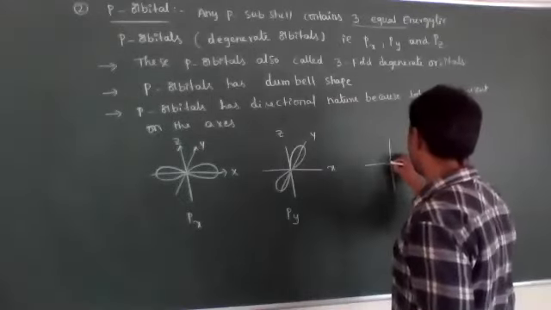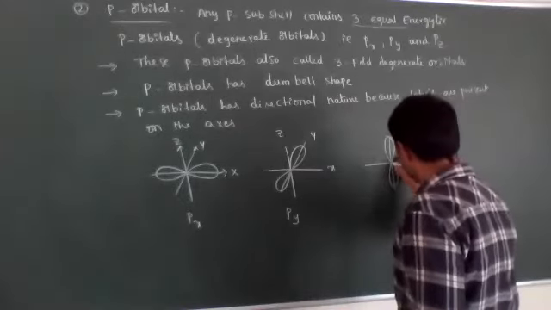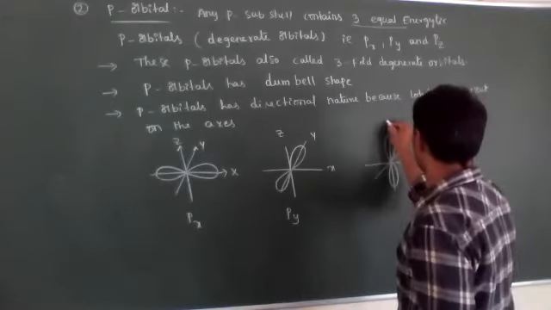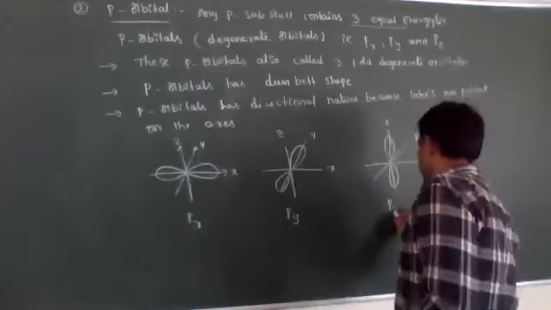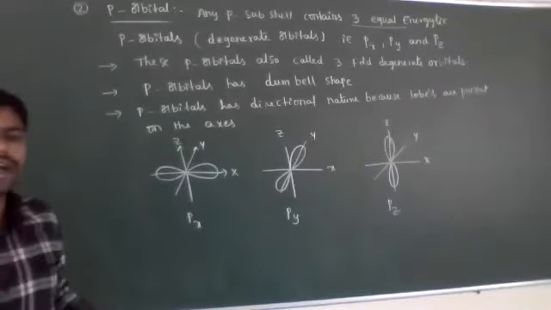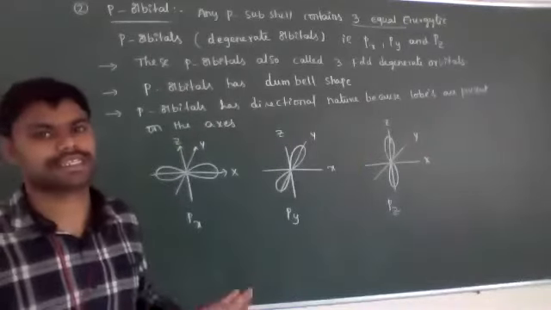When the lobes are present on the z-axis, it is called the pz orbital. That's why p orbitals have directional nature. The s orbital is non-directional.